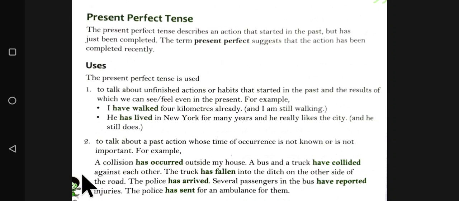Okay, for example, a collision has occurred outside my house. So this action of collision has occurred in the past, but when it has happened, that doesn't matter, or this is not important. Okay, so in such cases also we use present perfect tense.